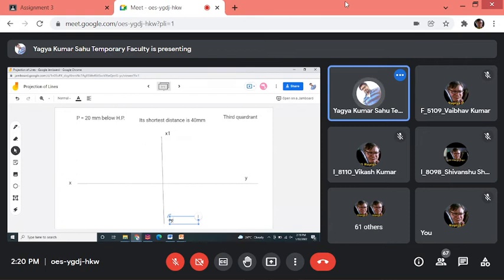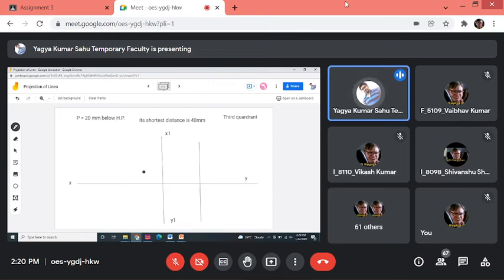Now how will it start? First of all, draw a projector line, like this. On this projector line, locate P dash, the front view of that point, for which dimension is given 20 mm below HP.